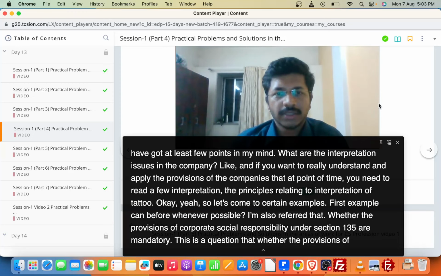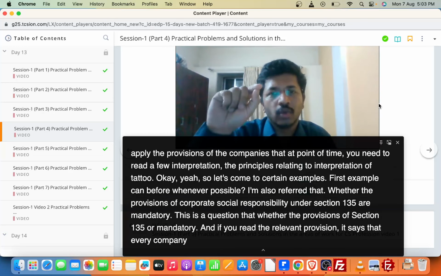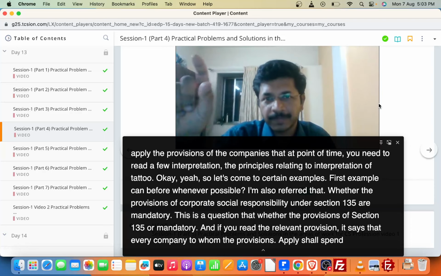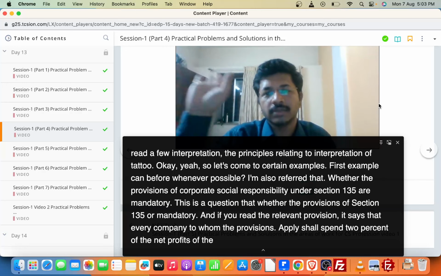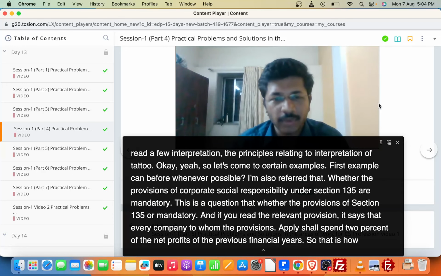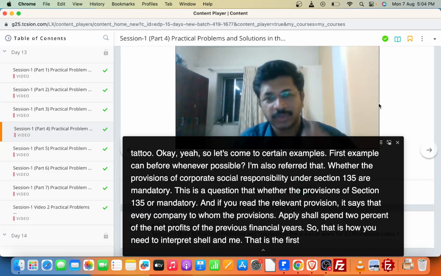And if you read the relevant provision, it says that every company to whom the provisions apply shall spend 2% of the net profits of the previous financial years. So that is how you need to interpret shall and may. That is the first point.